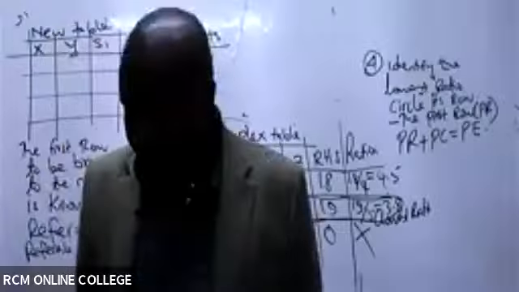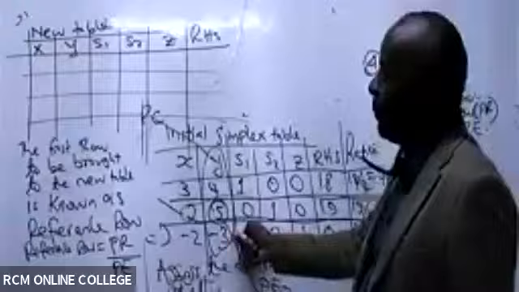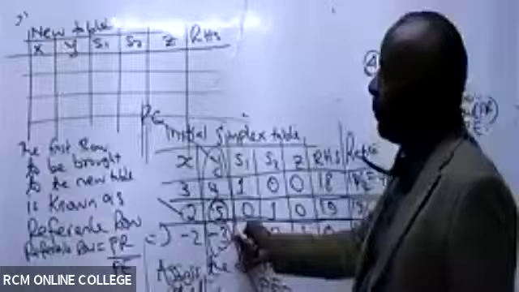It's 5, isn't it? The one that we circled here. So remember, we have 3 rows. It will be 2 over 5. This will be 5 over 5.